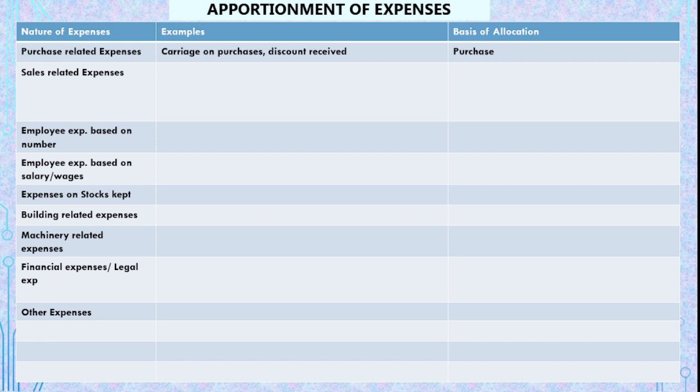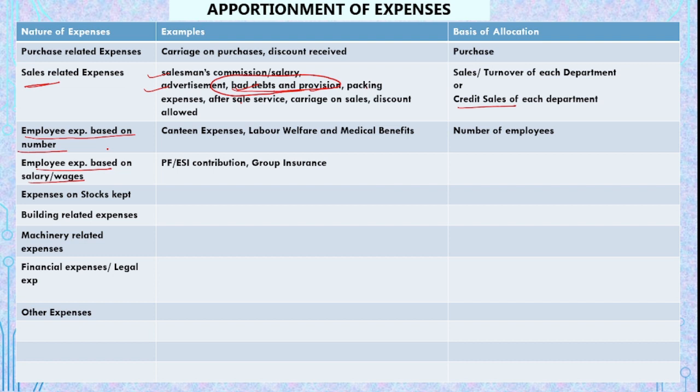These will be distributed in the ratio of number of employees. Whereas other expenses are based on salary, like your provident fund contribution, which is based on a percentage of your salary. Similarly, insurance is based on the employees' worth in the company. So herein we will take up the wages or salary bill of the department.